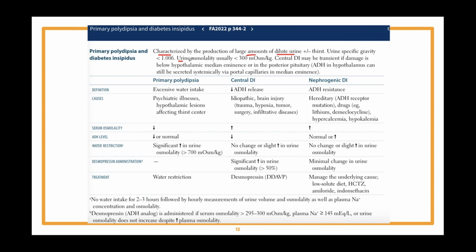Remember, our patient's was 100, so we know that it was diluted, okay? And if you look in the central section of that table, central diabetes insipidus is caused by decreased ADH release, okay? And one of the causes is brain injury, such as surgery, okay?